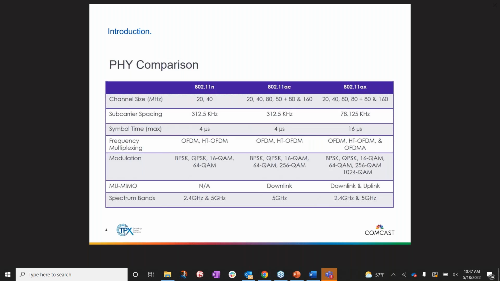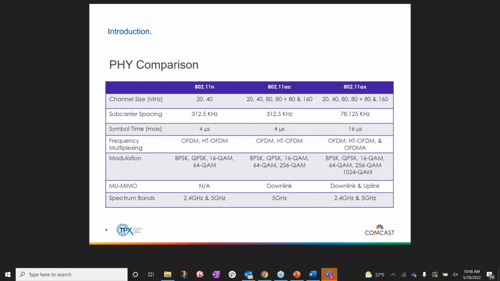In 11AC, we have 20 megahertz, 40 megahertz, and 80 megahertz. We basically continued the momentum from 11N to 11AC, and we are not limited to 40, but extended to 80 and 160 also. In 11AX, we pretty much got the same number of channels and bandwidth, because 11AC and AX in 5 gigahertz are pretty much the same in terms of number of channels.